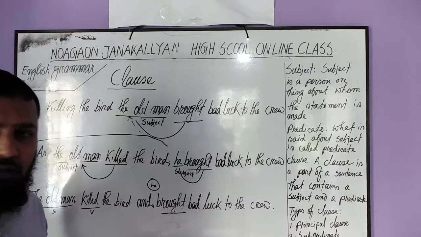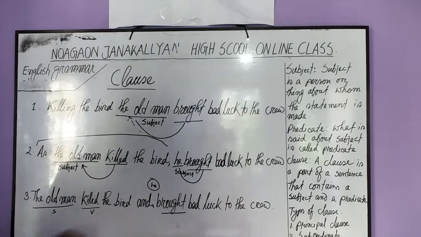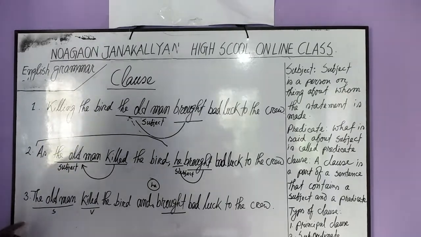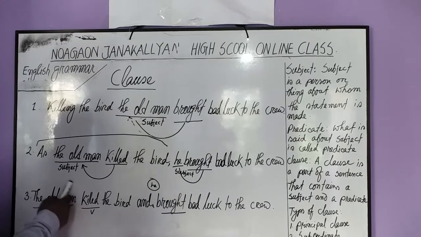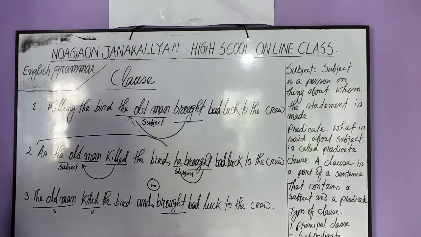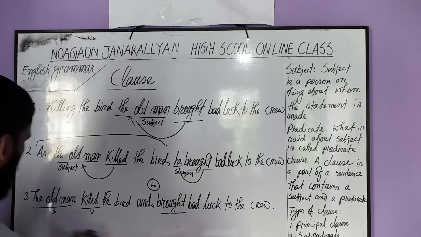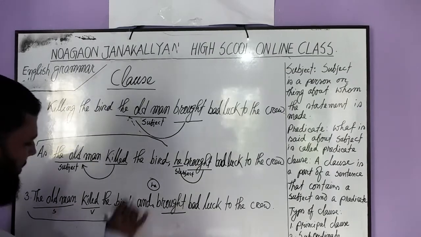In the third sentence, in the first part, we can see that there is a subject, and the subject of the third sentence is the old man and the predicate is killed the bird. So it's a clause.